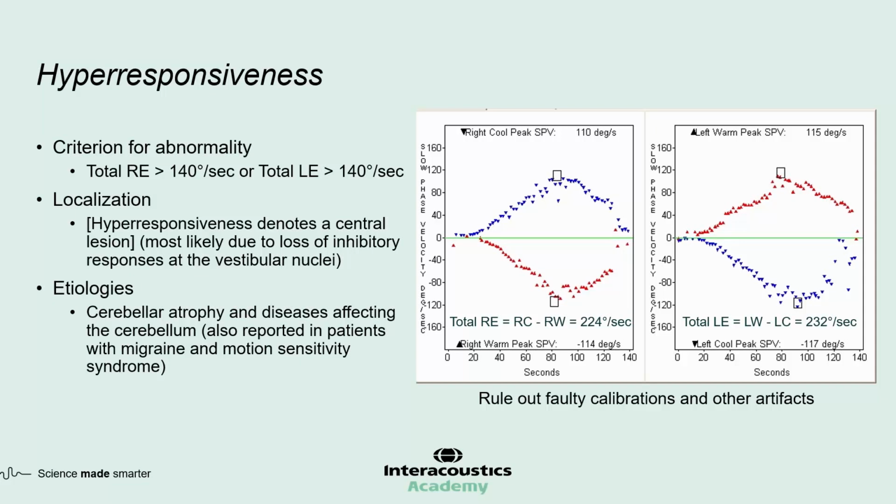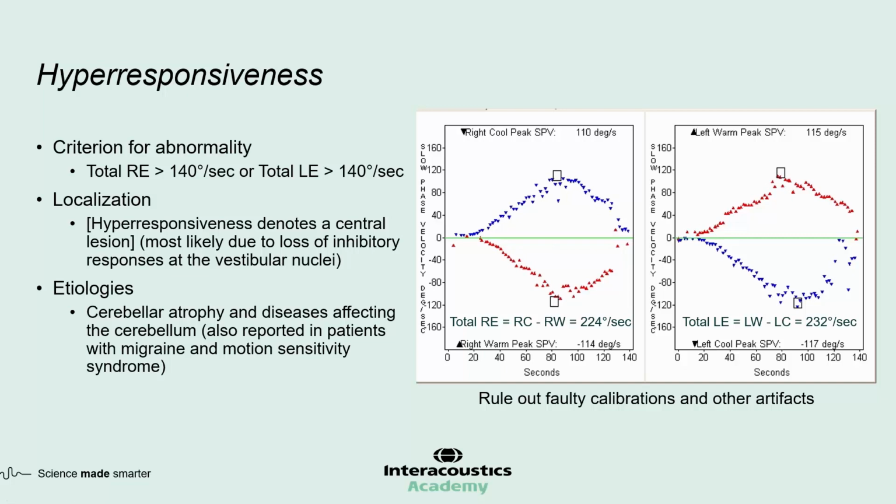So if you decide and determine that the hyperactivity is real, then it denotes a central lesion. It's most likely because of the loss of inhibitory responses at the vestibular nuclei. It's seen in patients with cerebellar atrophy and diseases that affect the cerebellum.